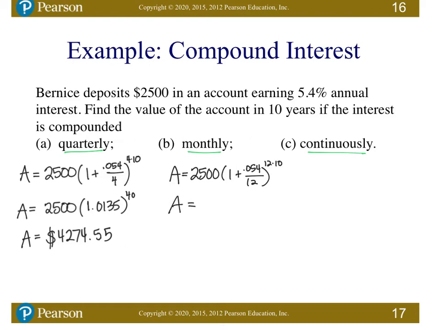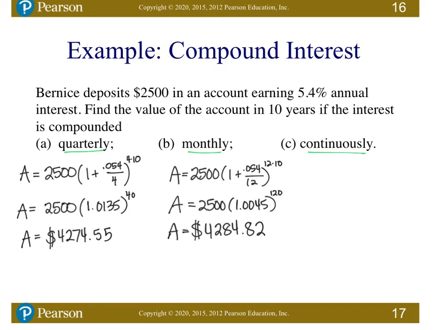That changes the inside of your parentheses, so you'd have 1.0045, and that number is smaller, but the power is bigger. How is that going to impact the investment? If you compound monthly, you'll have a little more money, $4,284.82. So maybe $12 more if you compound monthly.